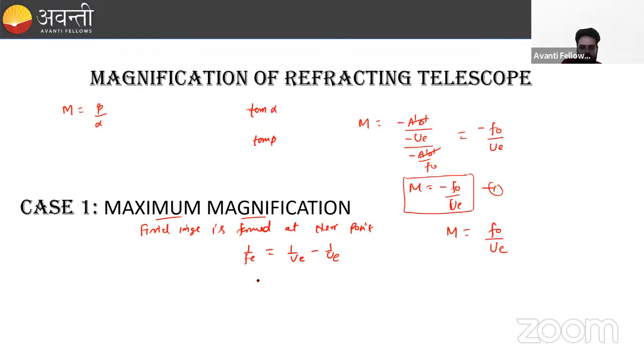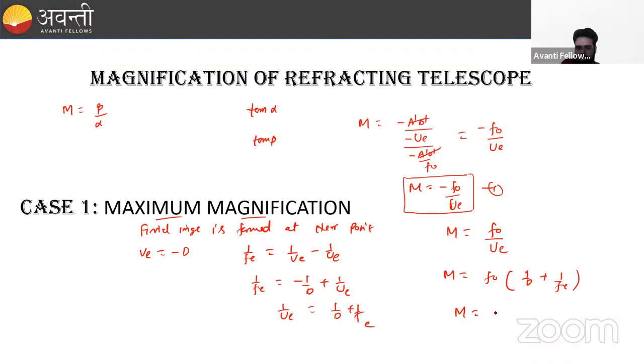If we put v equal to minus d here, what is the value of 1 upon fe? This will become minus 1 upon d, and this will become 1 upon ue. So the value of 1 upon ue will become 1 upon d plus 1 upon fe. If we put this value here and solve, we can write fo upon d plus fo upon fe. This is the very important formula for the telescope when the magnification is maximum.